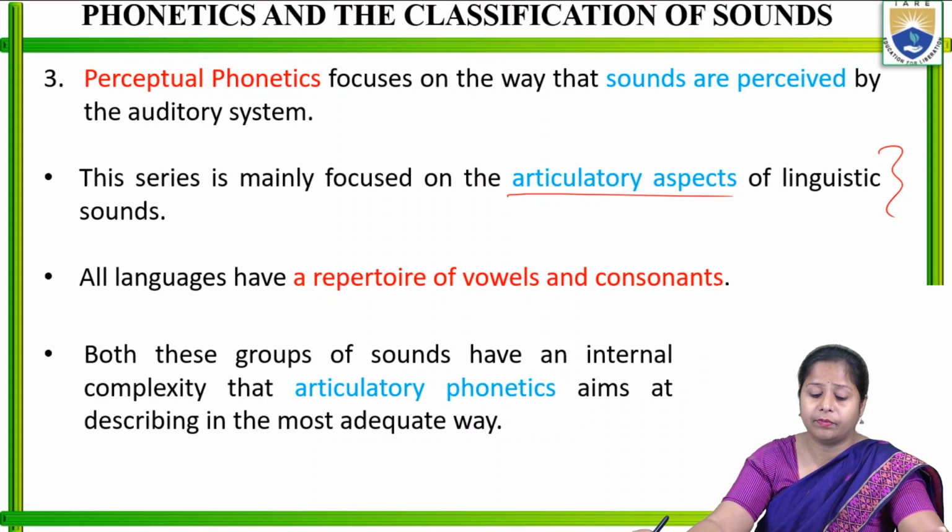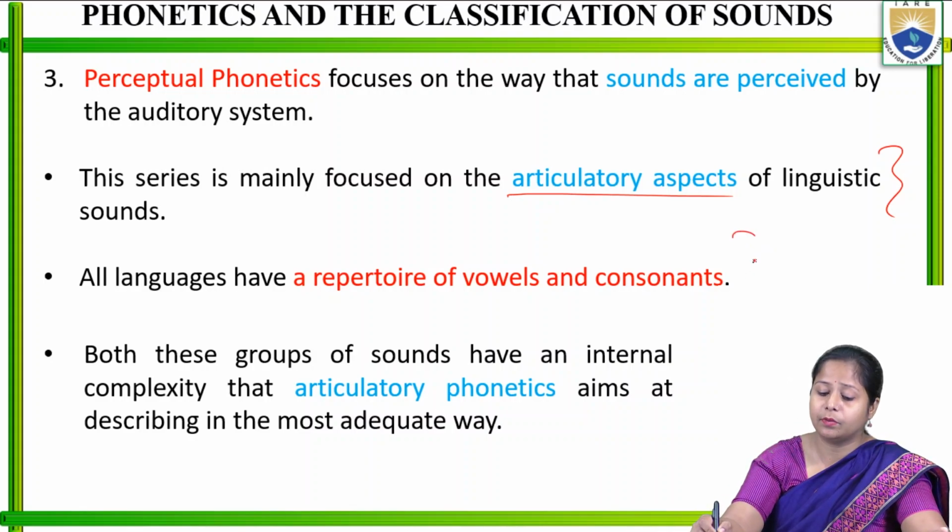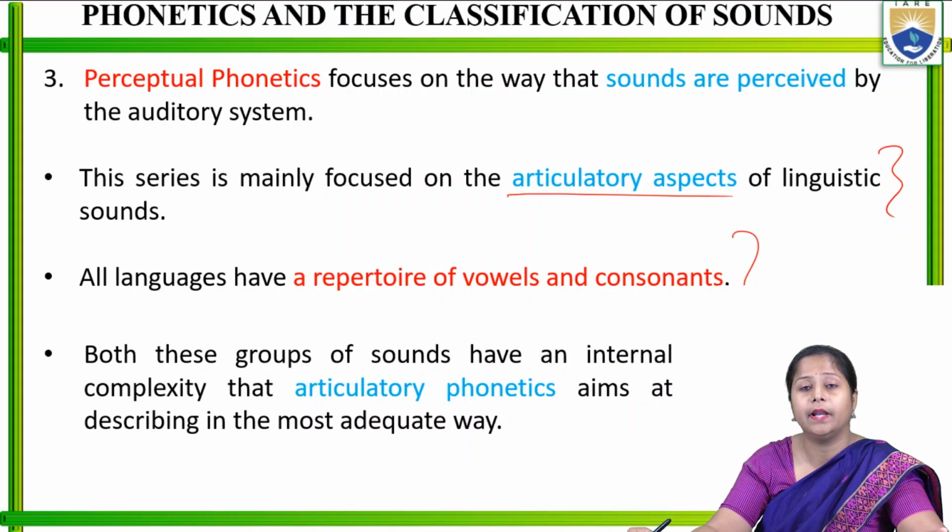Now, all languages have a repertoire of vowels and consonants. The words are made of vowels and consonants, right? When we read the syllable structure of a particular word or sentence, it will have this kind of interpretation.